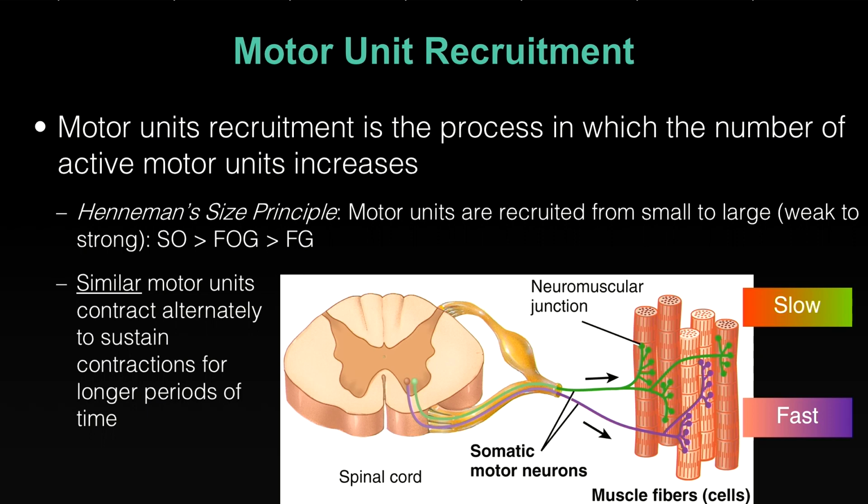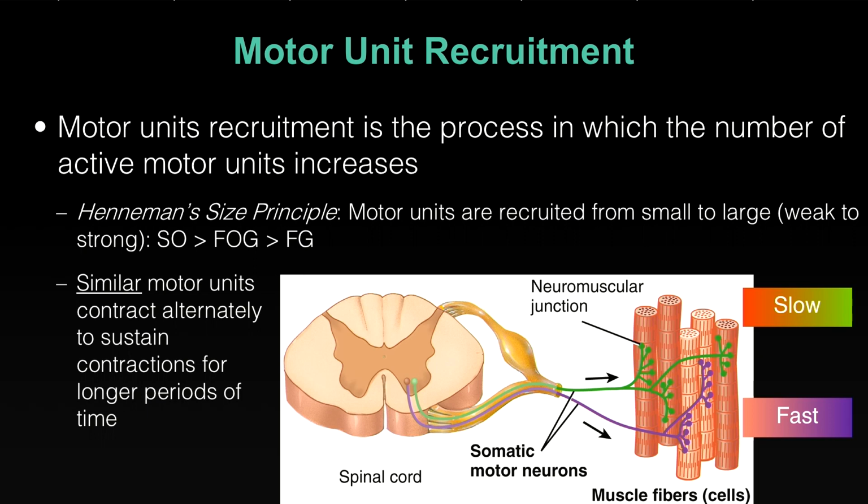Here, that type of exercise is characterized by rhythmic recruiting of slow fibers. And so you might turn on and off the same slow motor unit. But over time, even those will get tired and fatigue and not be able to contract.